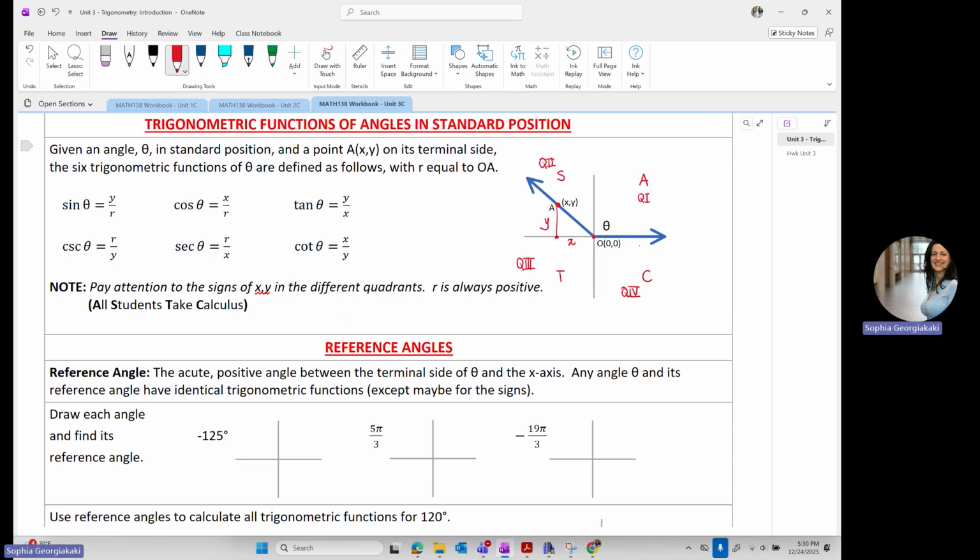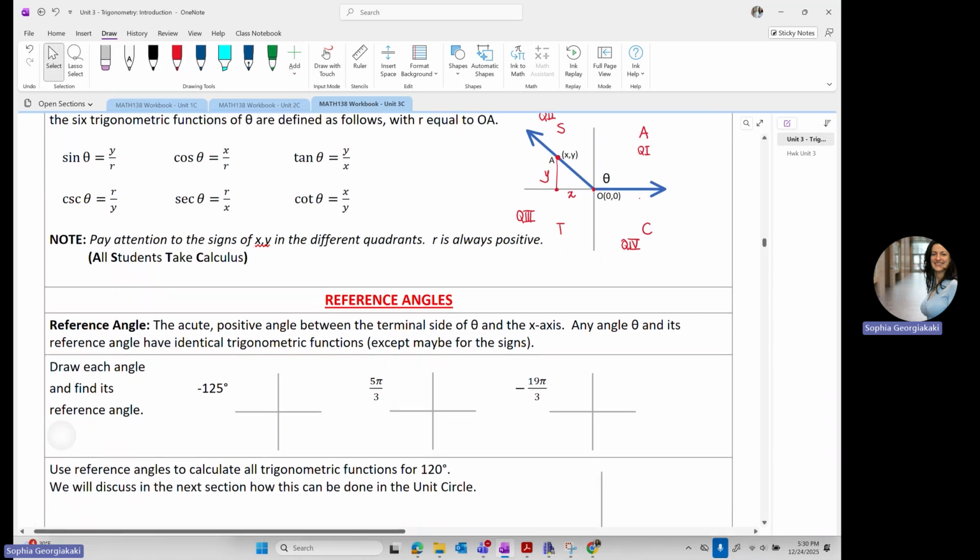R is always positive, and then the y switches signs, of course, as defined. So this is the concept of how we will define the trigonometric functions of any angle in standard position, with the initial side on the positive x-axis and the terminal side in some of the quadrants.